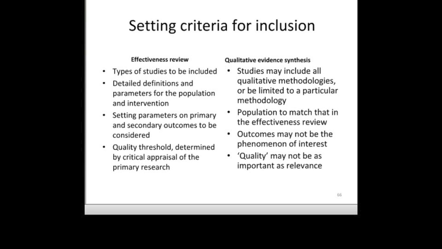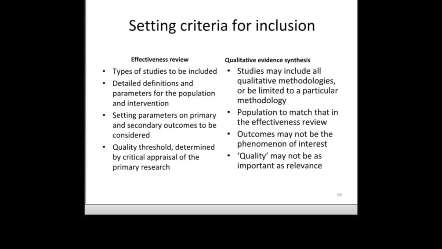And you take a position on what sort of quality measurement you would apply to the studies that you have retrieved. And in effectiveness reviews, that's very important, because they have the stance that if you put crap in, then the overall effect will be crap as well. So they're very sensitive to the methodological quality of the trials and other quantitative studies that they include.